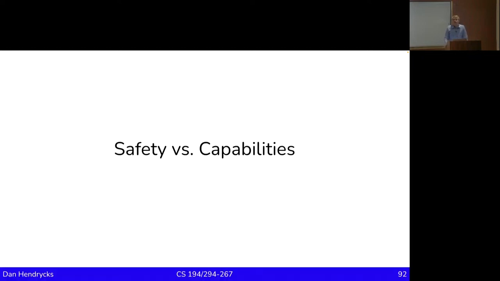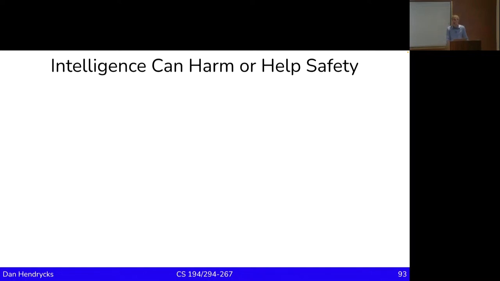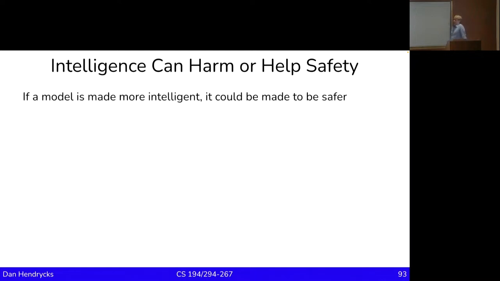For the last part of the presentation, which I'll probably cut into the question time to some extent: we spoke about capabilities and these propensities, this sort of safety, machine ethics type of evaluation. What's the distinction between safety and general capabilities? First I'd like to note that intelligence can either harm or help safety.